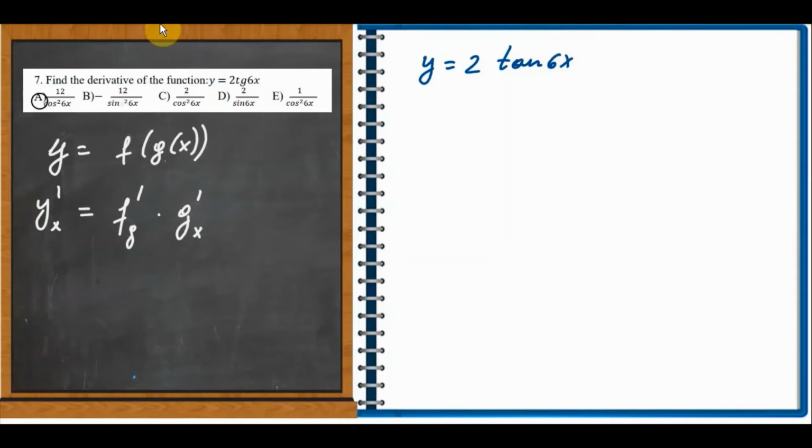Now, in this question, we see that our f function is equal to tangent g of x, let's say, where g of x is 6x.